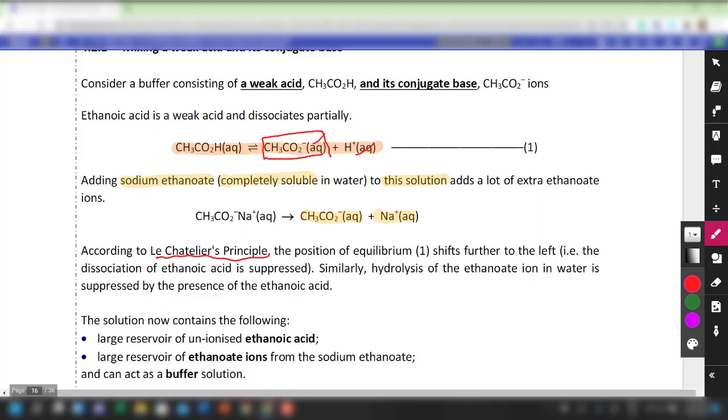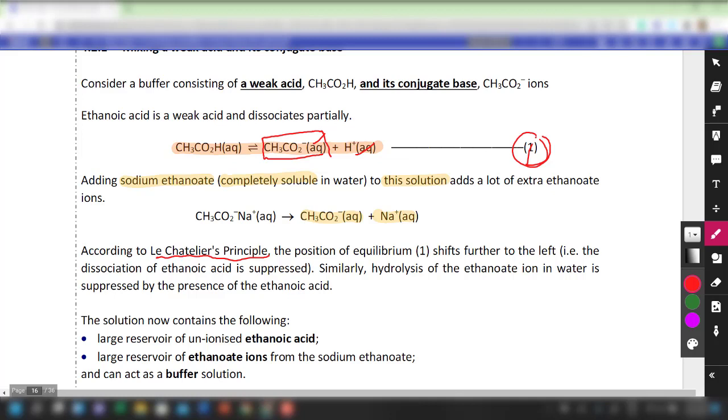This is a partial ionization. Then to this solution, I added sodium ethanoate, which is completely soluble in water, and in that brief instance I will introduce a huge amount of ethanoate into the solution. So this will result in the suppression of the ionization of ethanoic acid, or another way to put it, the position of equilibrium will shift to the left.